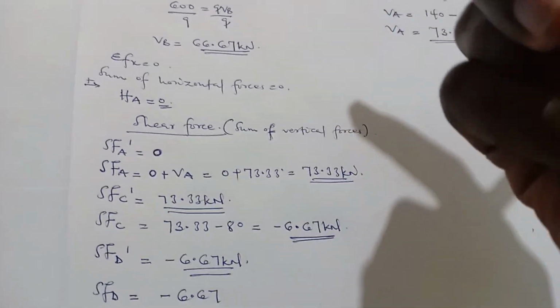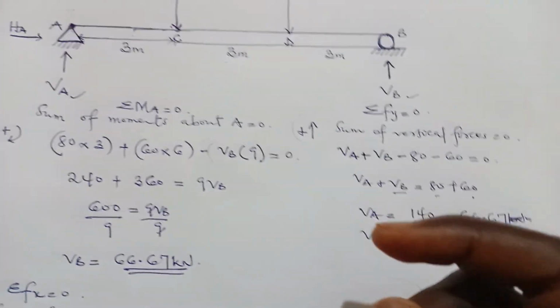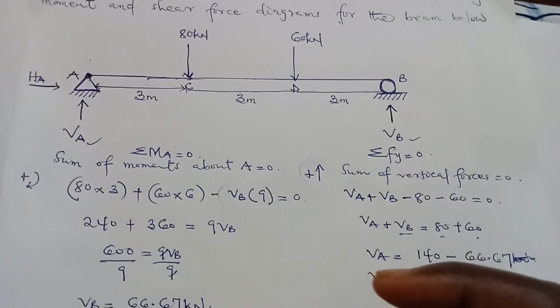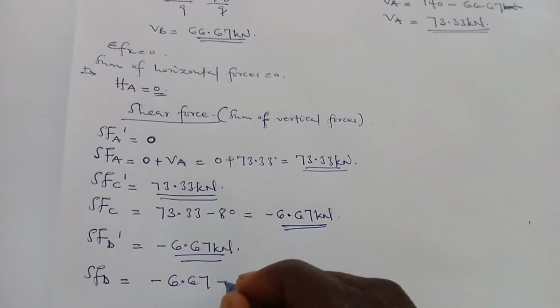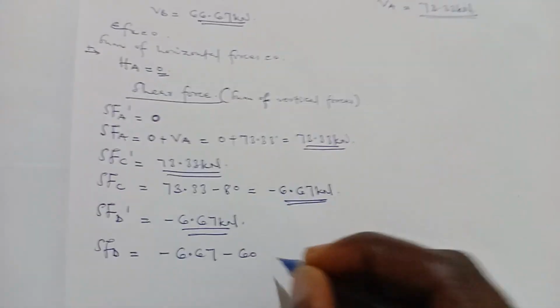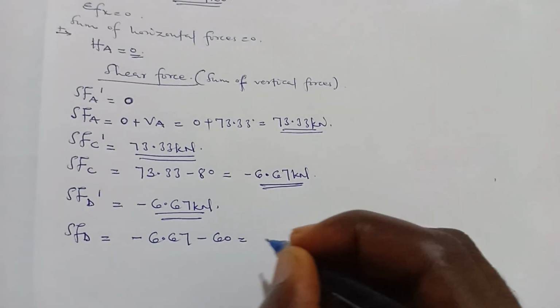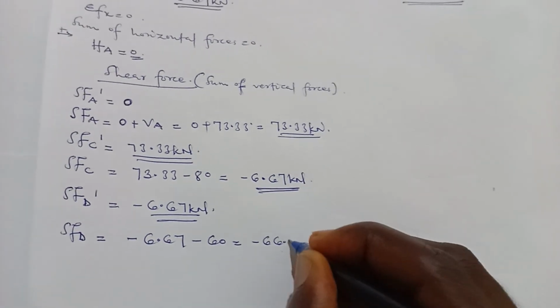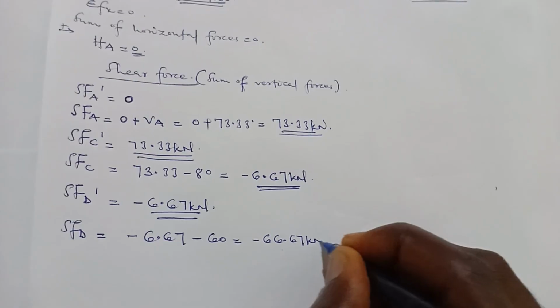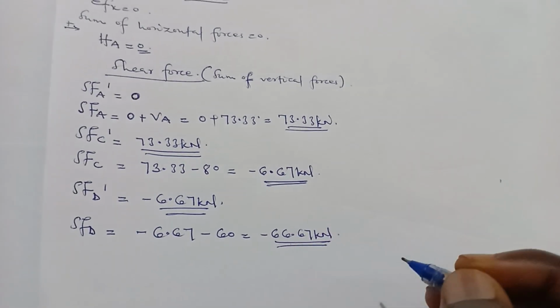Then you factor in the vertical force acting at D, and that is 60. Because it is coming down, it is negative, so it will be minus 60. That's going to give us negative 66.67 kilonewton. So there's the shear force at D.